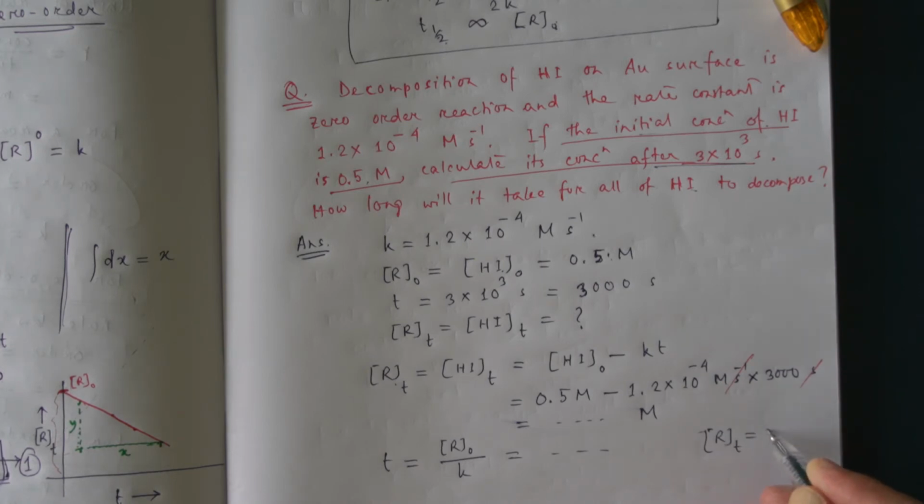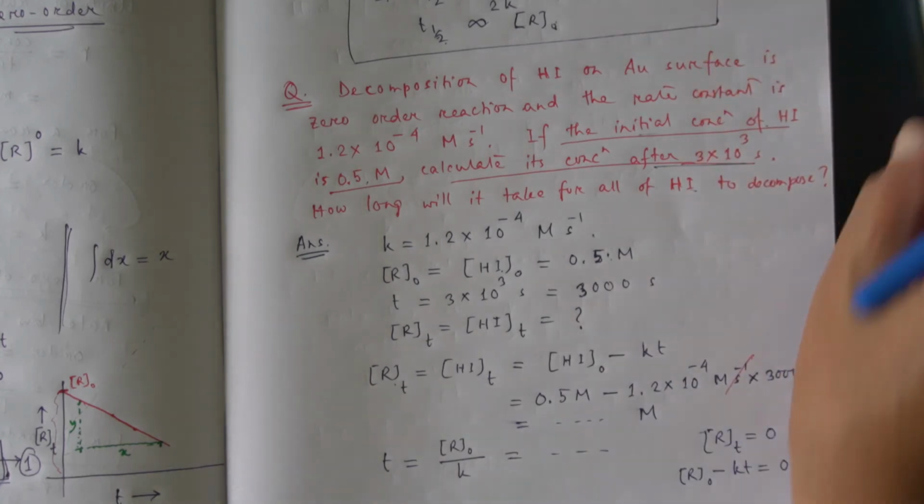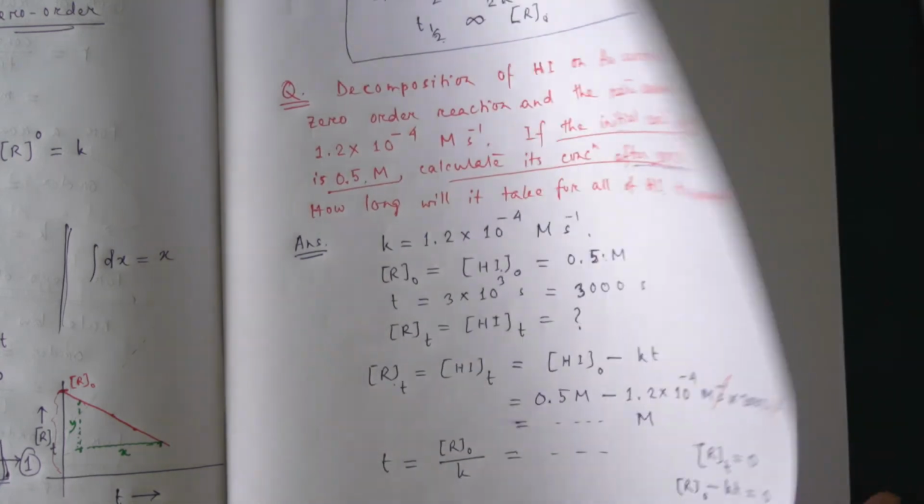If R t is 0, you will get R naught minus K t equal to 0. So you will get this. You just simplify and you will get the answer.